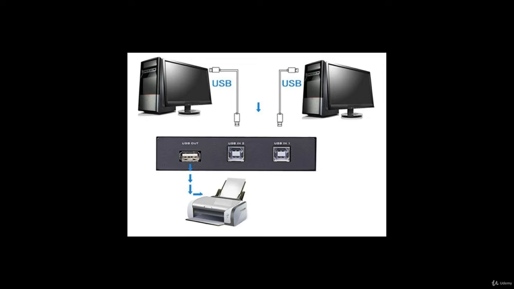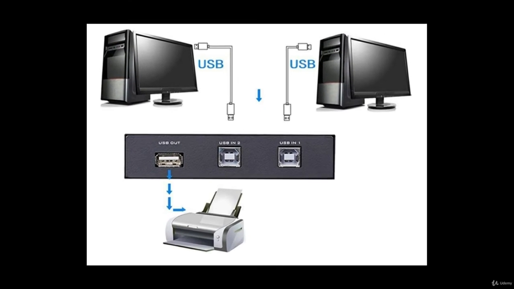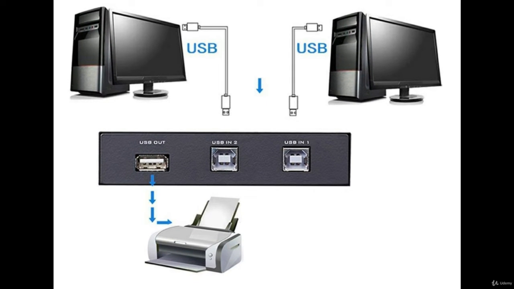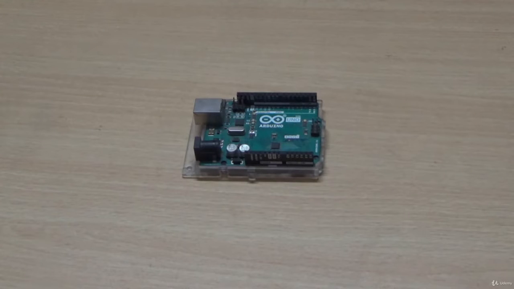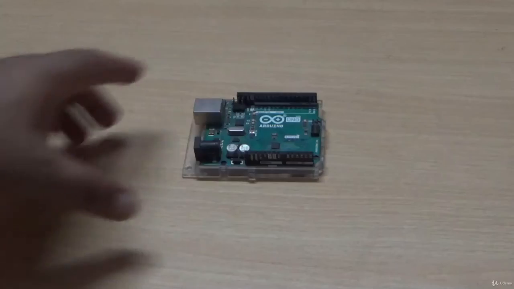So the PC allocates a virtual communication port to a USB port whenever it is connected with a modem or some kind of device like a printer or scanner. So Arduino is just like a modem.